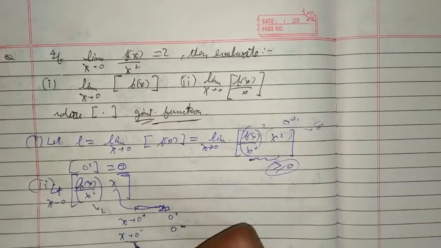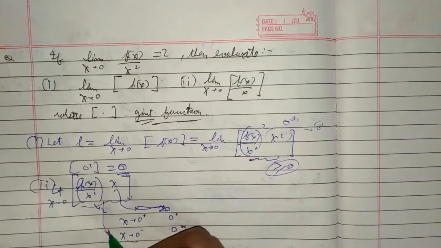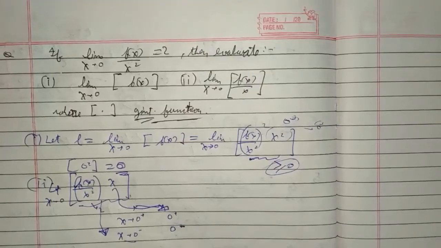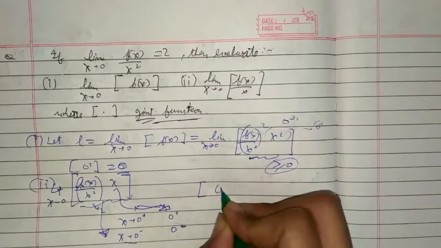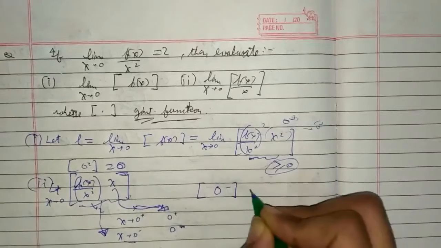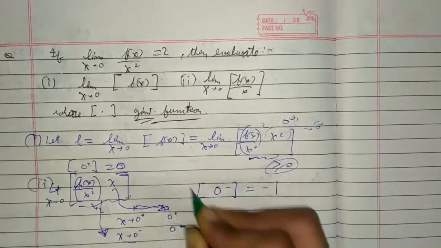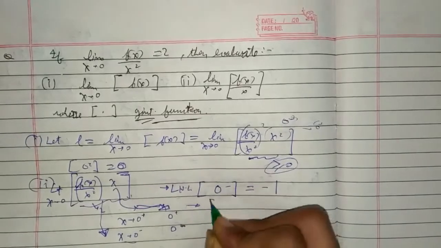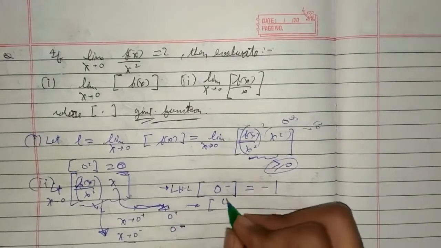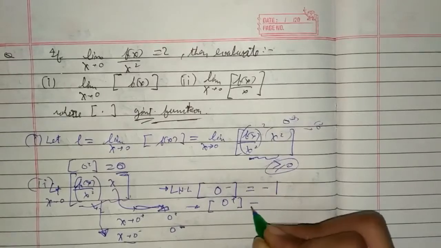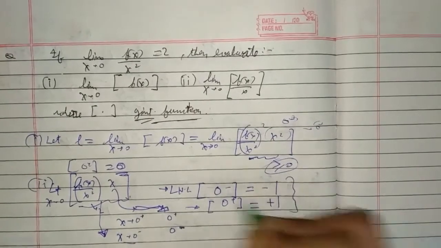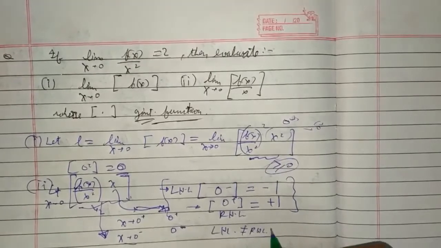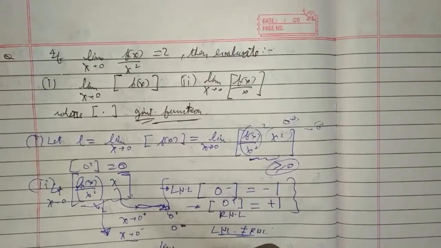So as x becomes negative, this also becomes negative, approximately 0 but just less than 0, and the greatest integer of 0 minus, the number just less than 0, is equal to minus 1. That is the left hand limit. For the right hand limit, as x tends to 0 plus, this tends to 0 plus, that is the greatest integer of 0 plus is equal to plus 1. Clearly the left hand limit is not equal to the right hand limit, so the answer to the second part is that the limit does not exist.